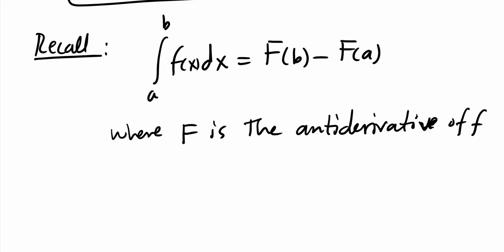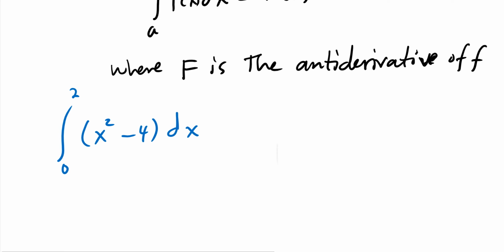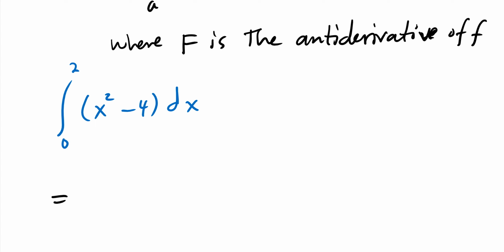So what we need to do here is look at some examples and see how we apply it for integrals. Let's say I'm integrating from 0 to 2, x squared minus 4 dx. How do we integrate this one? We integrate the first one. X squared is x cubed over 3, as we did earlier, minus 4, the integral of 4 dx is 4x.